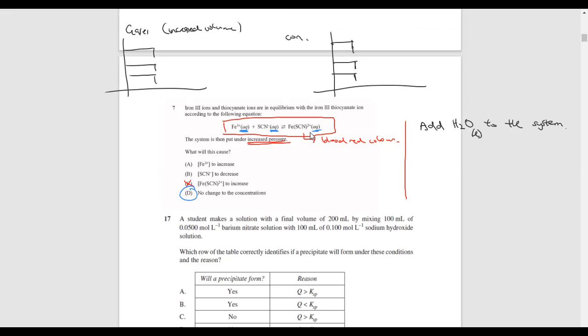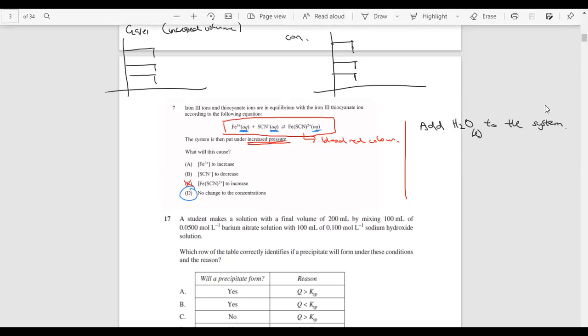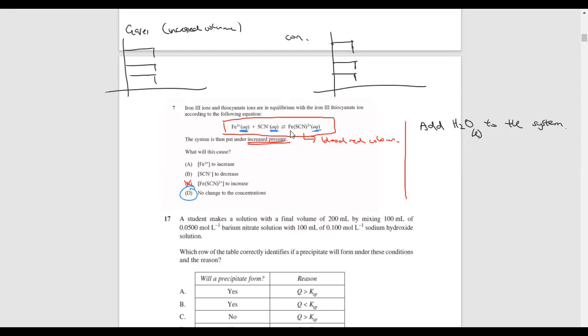When we said that adding liquid generally doesn't change them, that's generally because we're not usually changing concentrations, but adding water here will change the concentration of these because they are aqueous solutions. In a way, the volume of an aqueous solution is determined by how much solvent you've got, which is water. So essentially, you can treat this like a gas question where I'm increasing the volume. It's basically what we're doing, right?